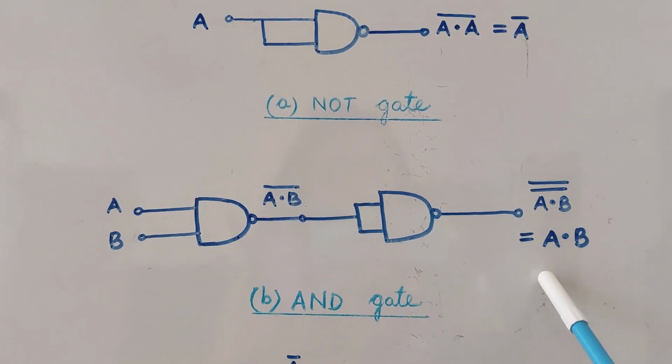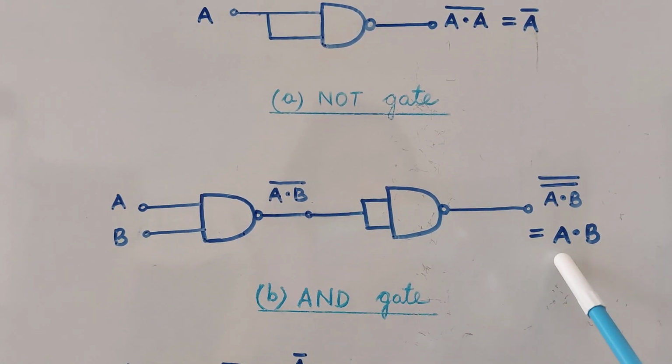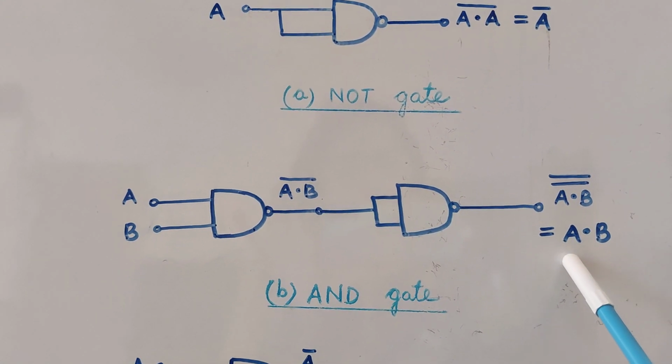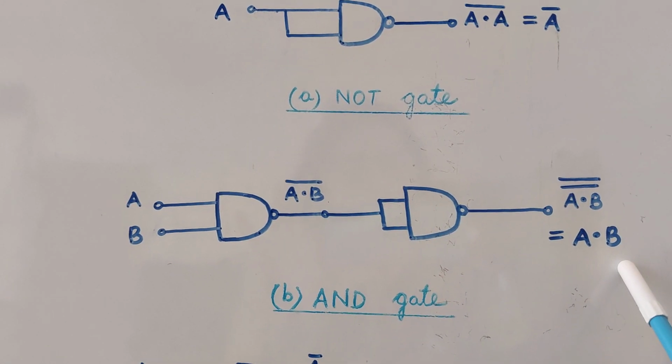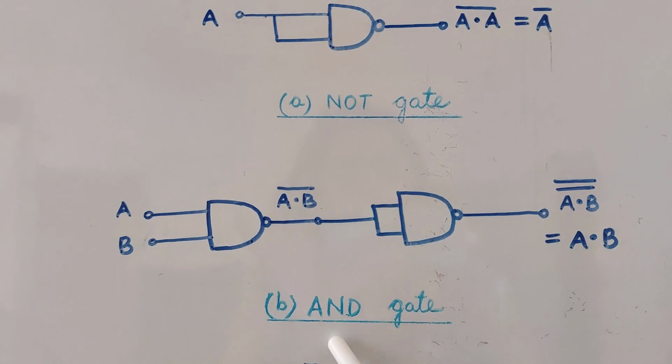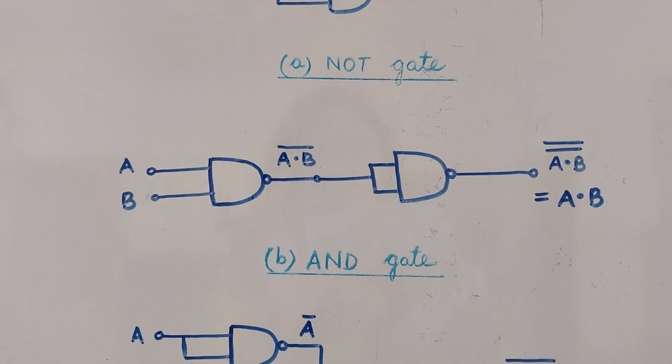So this value comes out to be A dot B, and we find that this is the output of an AND gate. So we have obtained one AND gate by using two NAND gates.